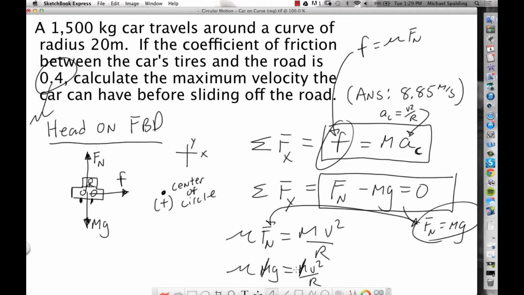You know what? We didn't even need the mass of the car here. The mass of the car doesn't matter. It cancels out. Okay, so doing the algebra, we get v equals square root of mu g r. So you plug in mu, 0.4, gravity's 9.8, the radius is 20. So when you plug the numbers in, you get 8.85 meters per second.